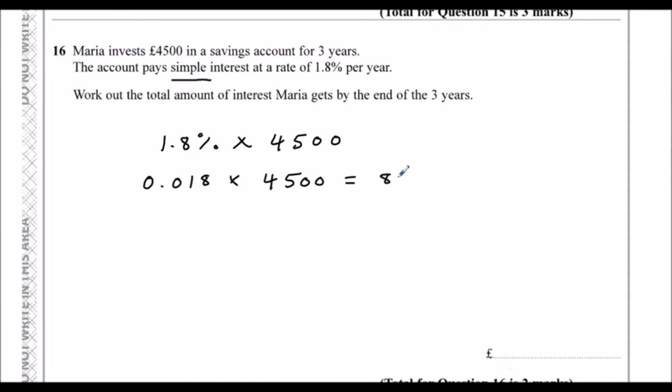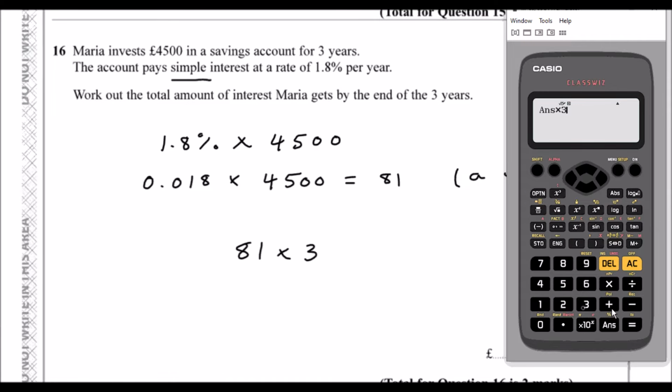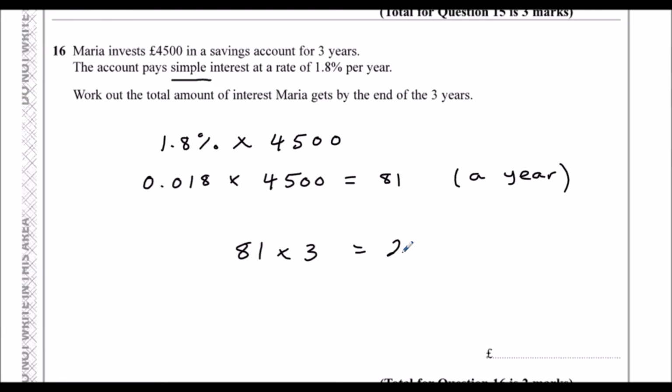So £81 a year, and it's 3 years, so we need to multiply by 3. 81 times 3 is 243. So £243.